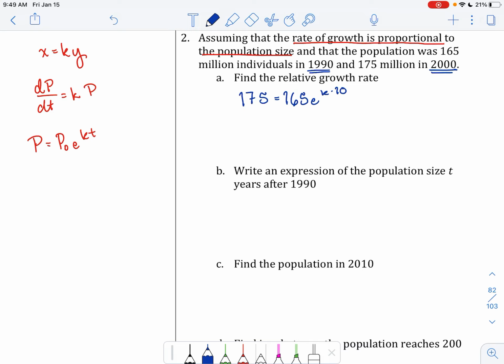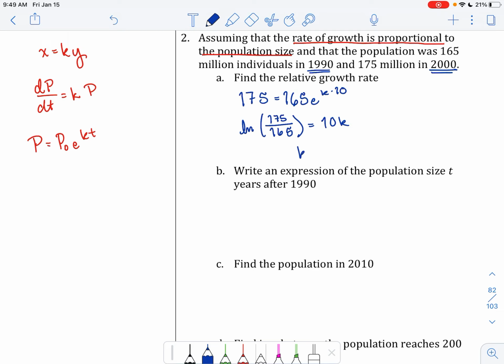And since we're looking for growth rate, that means that we want to find k. What I would start with is dividing by 165 and then taking the log. So ln of 175 over 165 is equal to ln of e to the k times 10, so that cancels out and just leaves us with 10k.